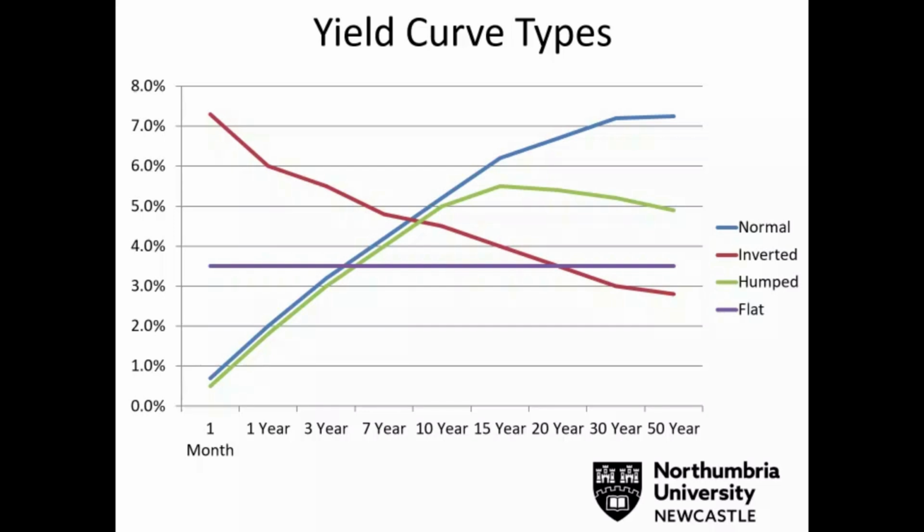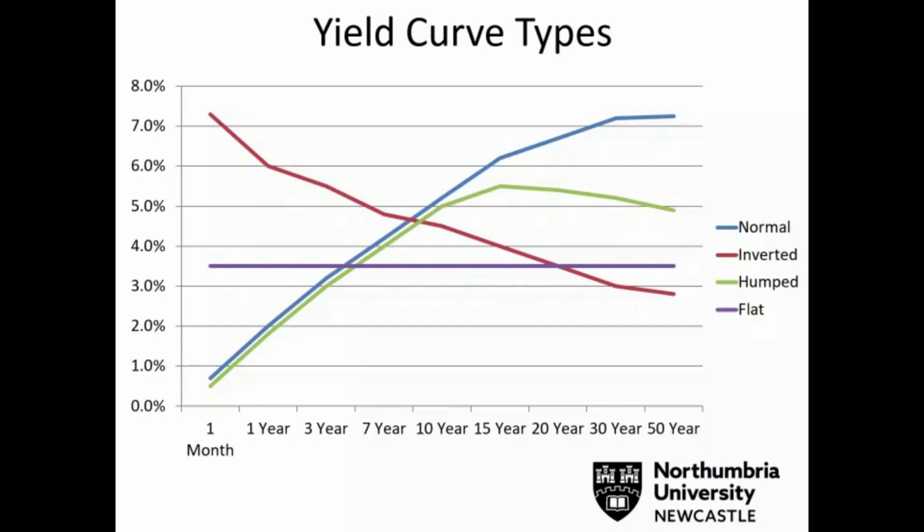Humps typically happens when investors get a little bit nervous about the economy and potentially expect interest rates to start dropping. So therefore, if they think interest rates are going to drop in the long term, then the longer dated debt becomes a bit cheaper because demand will drop for longer term debt. Demand drops and there's still supply. That pushes the interest rate charged on long term debt down.